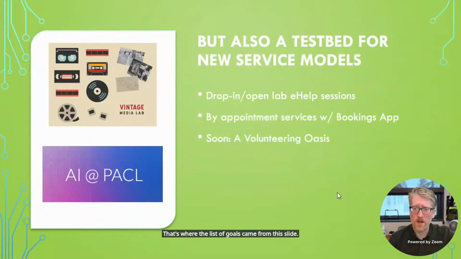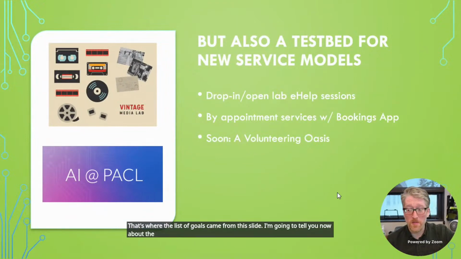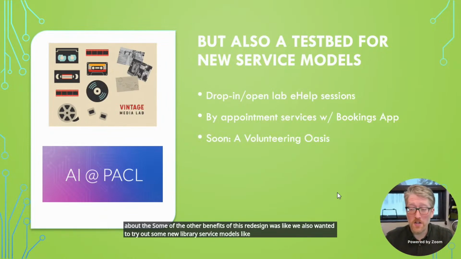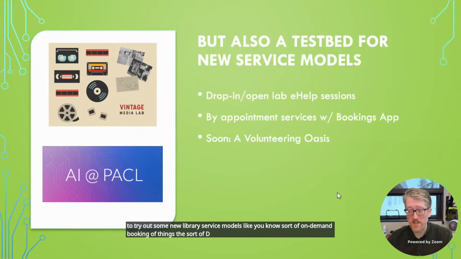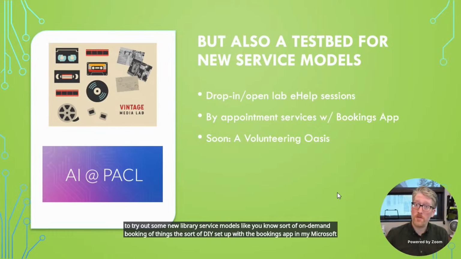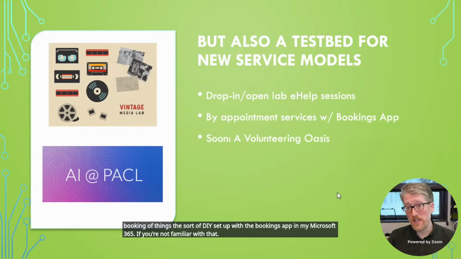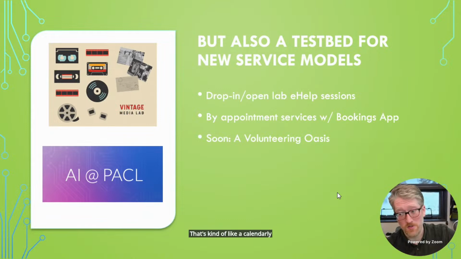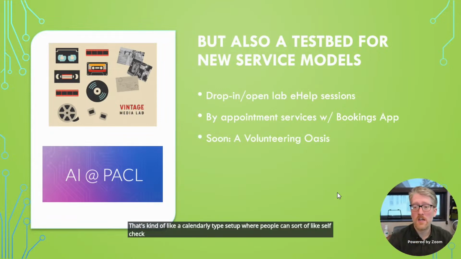I'm going to tell you now about some of the other benefits of this redesign. We also wanted to try out some new library service models, like on-demand booking of things, the DIY setup with the Bookings app in Microsoft 365. If you're not familiar with that, it's kind of like a Calendly type setup where people can self-check themselves in.